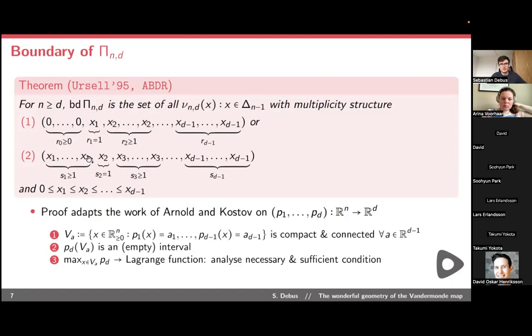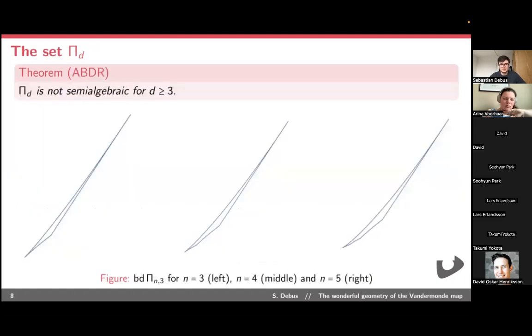In the case 2, there's also only one S vector, because we must have one x2 and a lot of x1s. But when we are in the first case here, we have a lot of R vectors, because we can vary. We can have a lot of copies of 0 and just one x2, or a lot of copies of x2 and some copies of 0. So what does it mean?